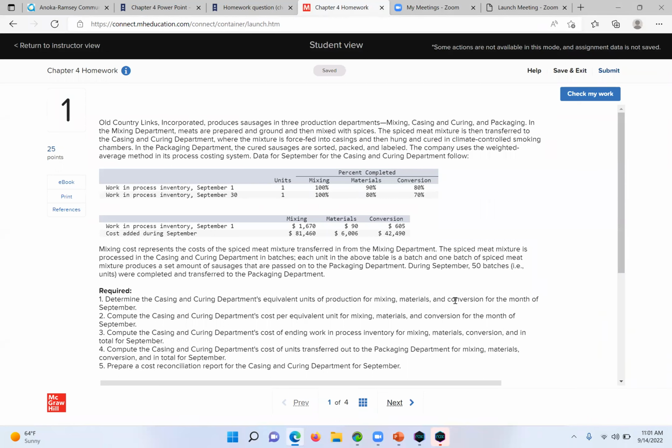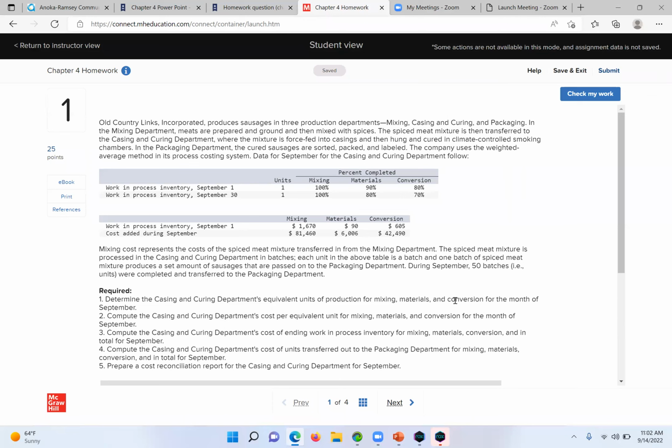Old Country Links Incorporated produces sausages in 3 production departments: mixing, casing and curing, and packaging. In the mixing department, meats are prepared and ground and then mixed with spices. The spiced meat mixture is then transferred to casing and curing, where it's force-fed into the casings and then hung and cured.